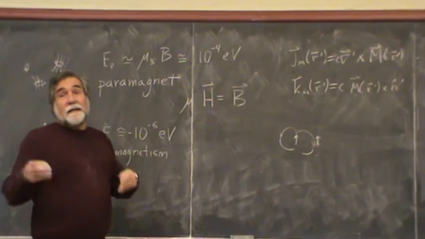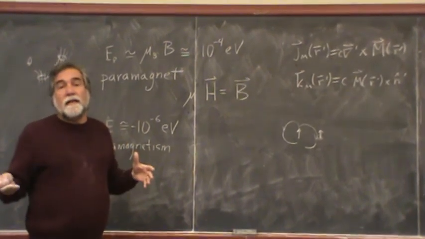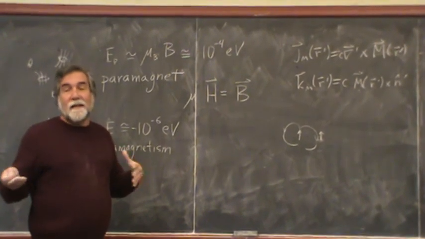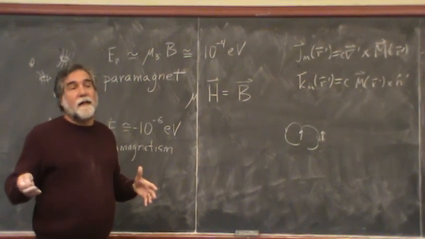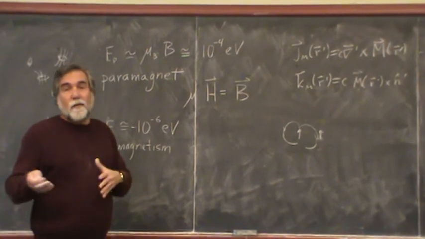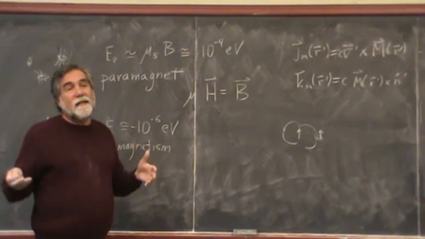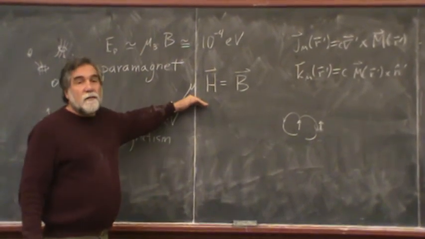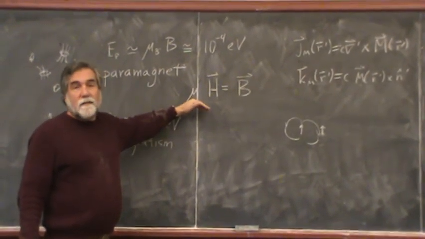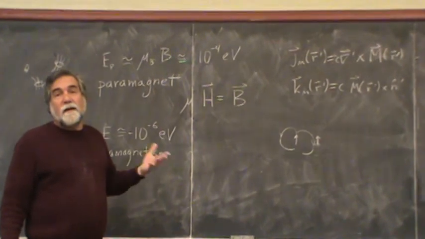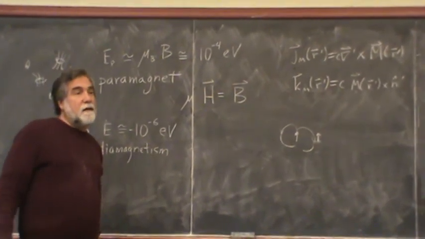Unlike in electrostatics, almost all interesting dielectric materials just have a linear dielectric constant. All the ones that we work with in capacitors and all that are linear. Not true for interesting magnetic materials. Ferromagnetics have a very nonlinear response.